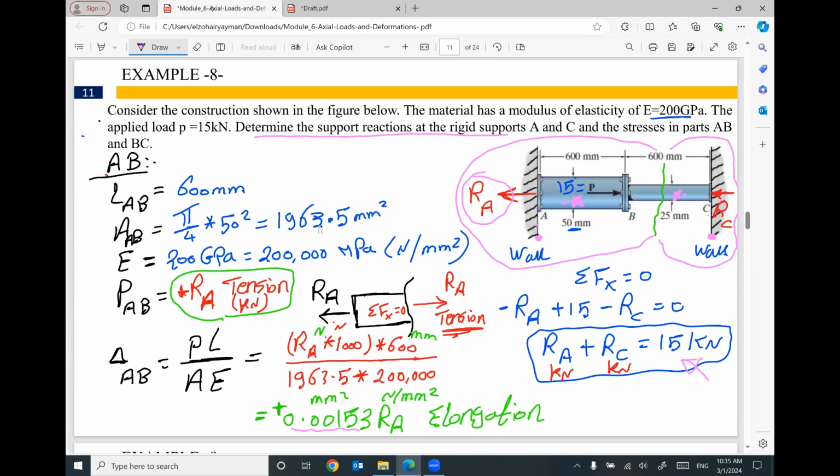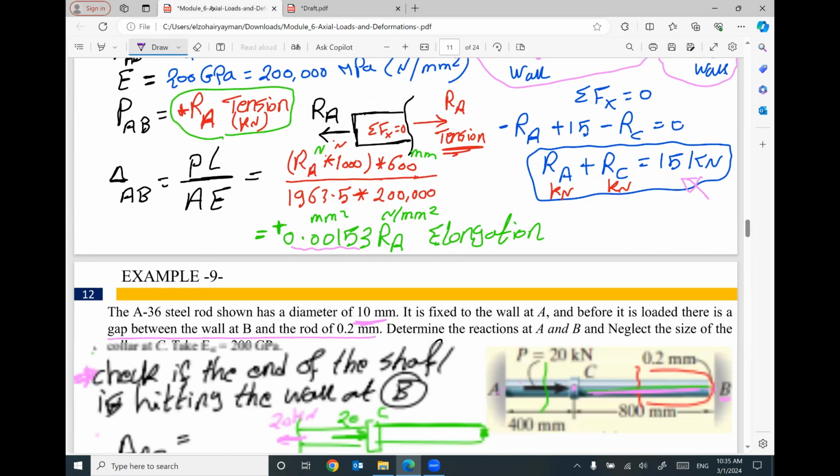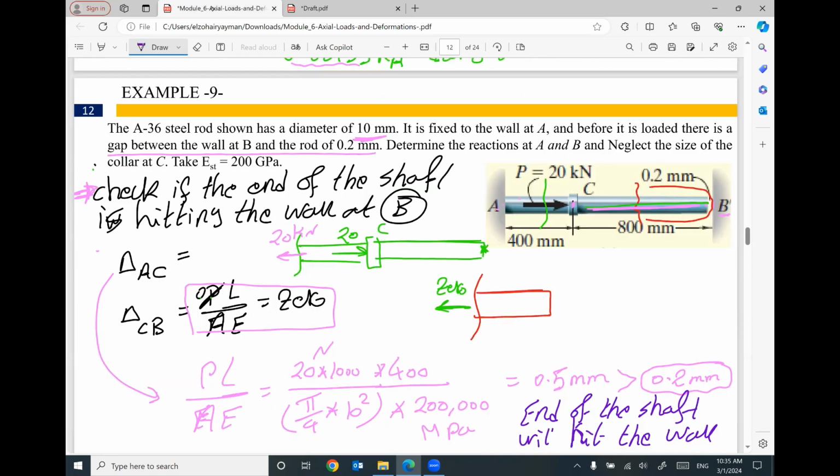But in the previous example, from the beginning, we had direct contact between the two walls and the ends of the shaft. But for this one, unfortunately, I was not sure if this force of 20 kilonewton would succeed in pushing the shaft to hit the wall at B or not. So I checked it and found the elongation in the shaft equals 0.5 millimeter, which is greater than the gap at the end.